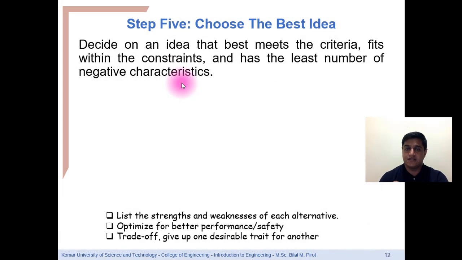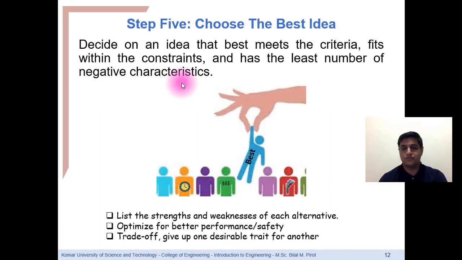Step 5 is choosing the best idea. In the previous step, you generated some alternatives, but it is impossible to use all of them. Now you will choose the best option among those options that you have generated. Decide on an idea that best meets the criteria that have been generated and identified before.